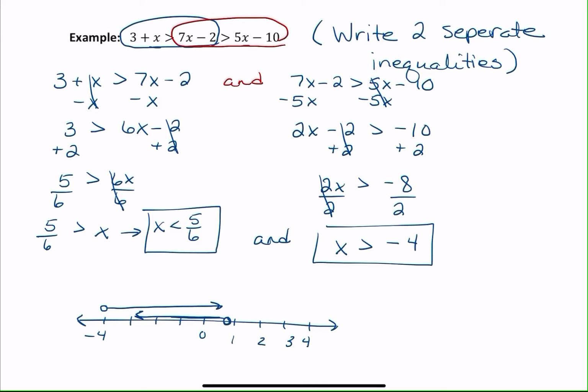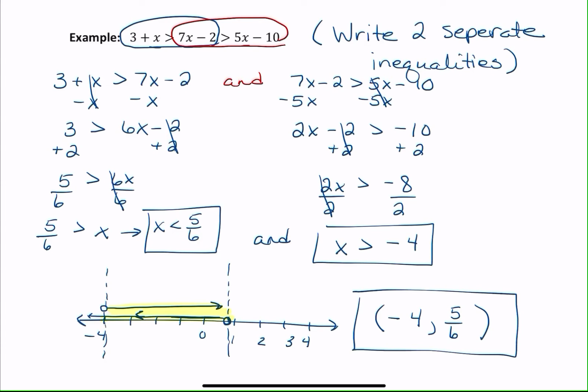So everywhere they overlap is your interval. So all of this shaded area is where they overlap. So my interval would be a parentheses on negative 4 to 5/6 with another parentheses. And that is because they're both strictly less than or greater than, no equal to.